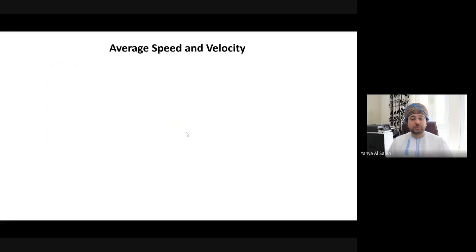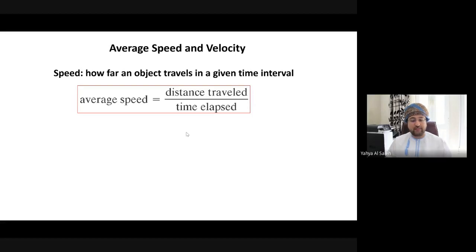Let's introduce the concept of average speed and velocity and look at the difference. Speed is how far an object travels in a given time interval. So average speed equals distance traveled over time elapsed. So far, so good? Excellent.